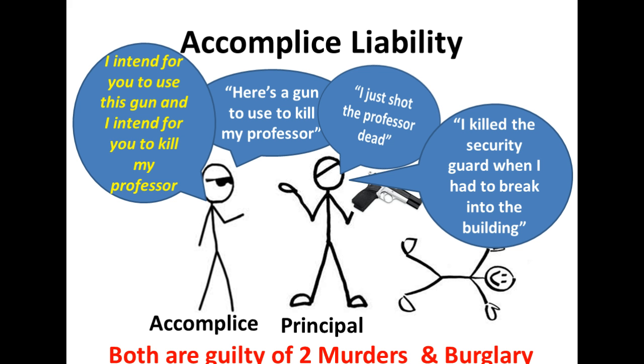This is where the natural and probable consequence doctrine comes into play. If the breaking into the building and shooting the security guard are found to be a natural and probable consequence of the crime of shooting the professor, the principal and the accomplice will both be guilty of these two crimes.